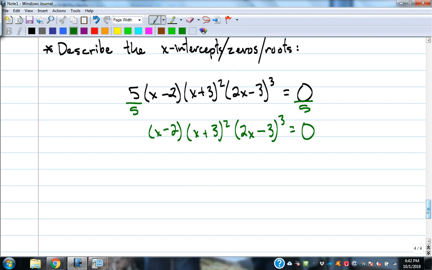Now, back when we did quadratics back in chapter 4, if it was already in this factored form, which this one is, what do you do with each factor in order to find the x-intercepts or the zeros? Set each of them equal to what? Yeah, set each of them equal to 0.